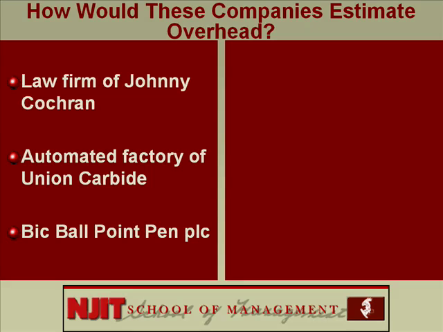Okay, are you ready? Take the first one, the law firm of Johnny Cochran. How would they estimate overhead? If you said labor hours or labor dollars, you're dead on. This is because most of the overhead in a law firm relates to people's salaries. How about an automated factory belonging to Union Carbide?